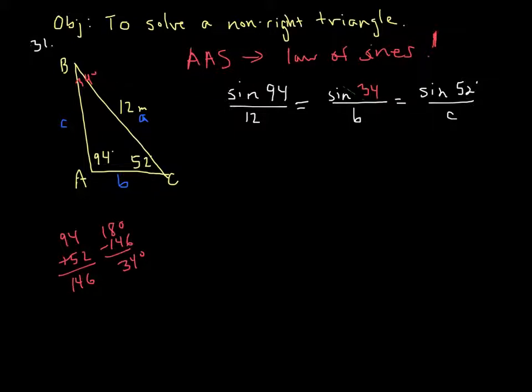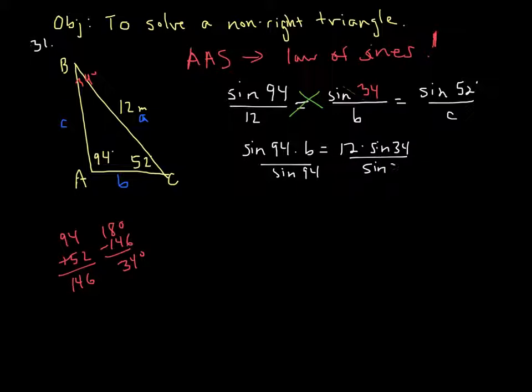So I'm going to actually go ahead and start by cross multiplying my first two. I might as well start with the first two and solve for b. So I'm going to cross multiply these two ratios that I have. And when I do so, I'm going to get sine 94 times b is equal to 12 times sine of 34. Just cross multiplied right there. And when I solve that, I want to get b by itself, so I'm going to divide by sine of 94.